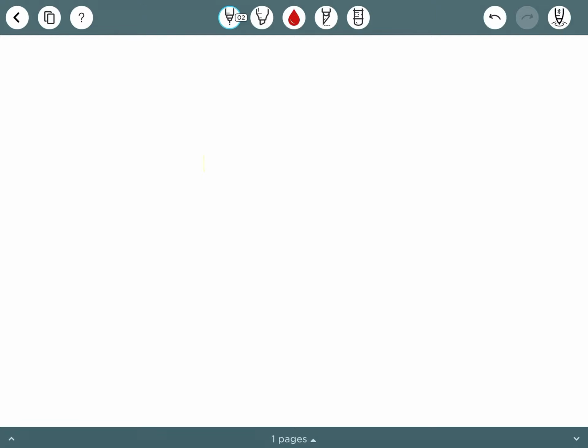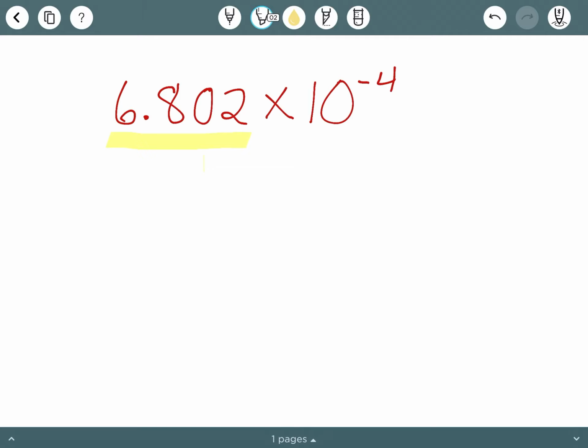So let's say we have 6.802 times 10, we'll say to the negative 4th. All right, so again, that first step is going to be taking a look at our leading digit. We'll copy it down. So 6.802.